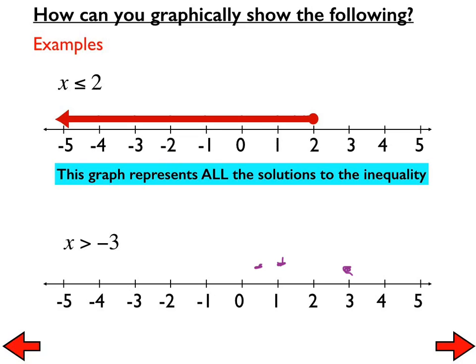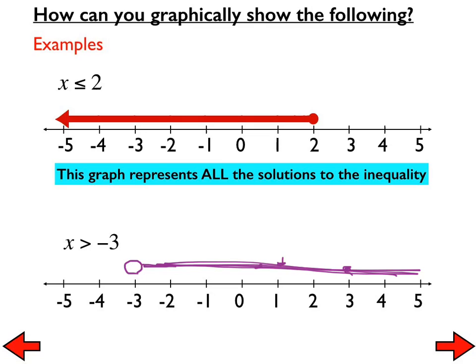So there are lots of numbers in here, but this time x is greater than -3, so that means we don't include -3. In a situation like that, we use an open circle, because it's all the way up to -3 but not including -3.